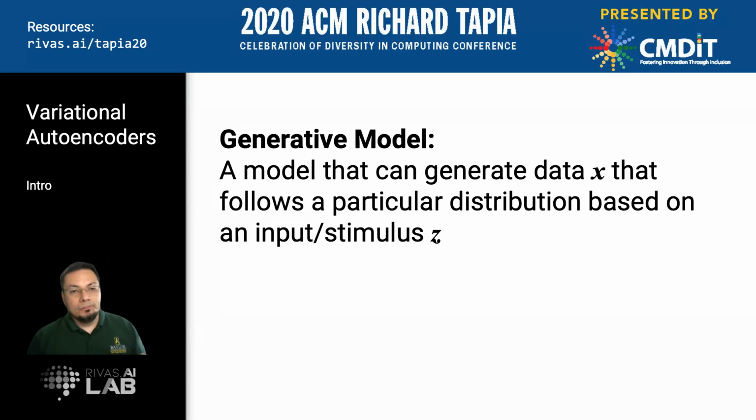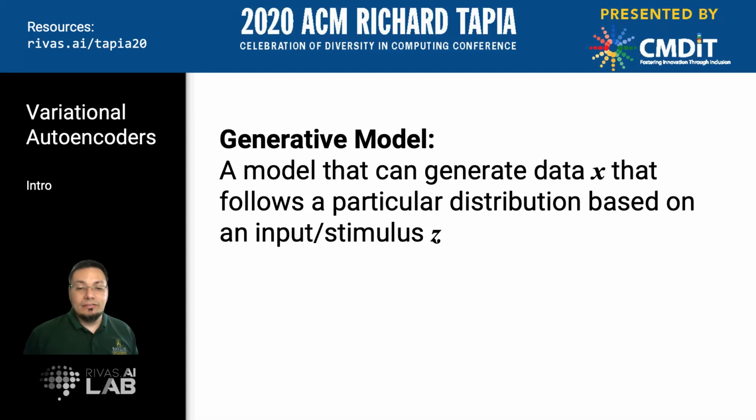Okay, so a variational autoencoder is used sometimes as a generative model. What we mean by that is a model that can generate data, say X, that follows a particular distribution based on an input or a stimulus.